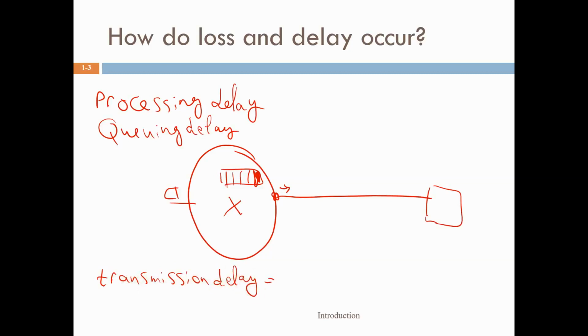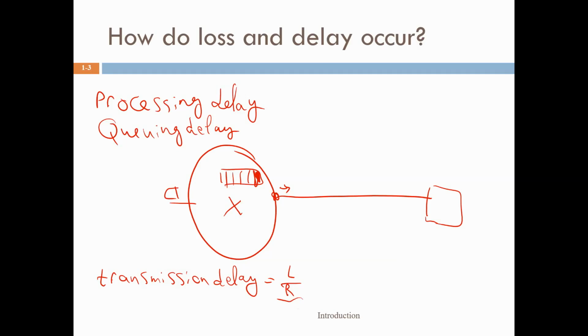The transmission delay, as we calculated it, is equal to L over R. L is the length of the packet, and R is the rate of the router. The rate of the router is a fixed quantity. Okay, so it's actually a physical capacity of the router. It cannot be exceeded. And L depends on the size of the packet. So it can actually be a variable amount, but if we assume that all packets have the same size, then L will be constant.